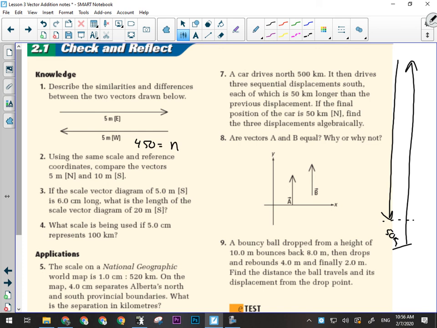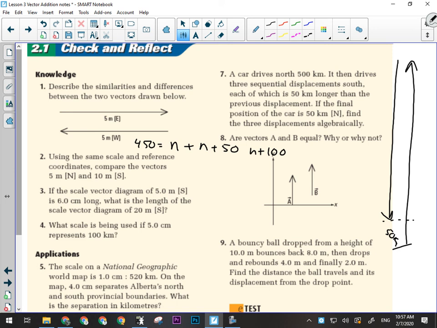I have no idea how long that trip is. They don't tell me. But they tell me that the next trip is n plus 50. And the next one is n plus 100, because each one was 50 kilometers longer than the one before. Everybody okay with that?